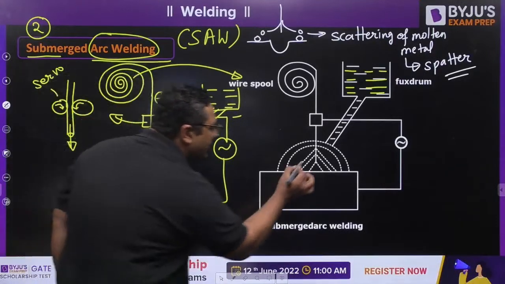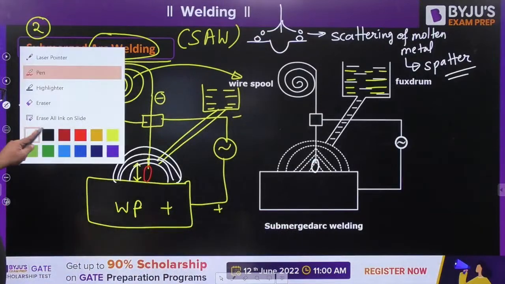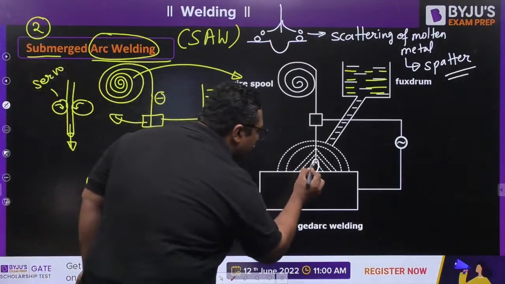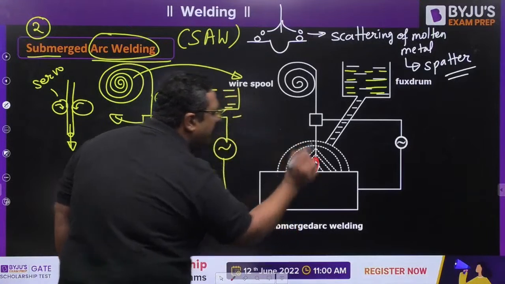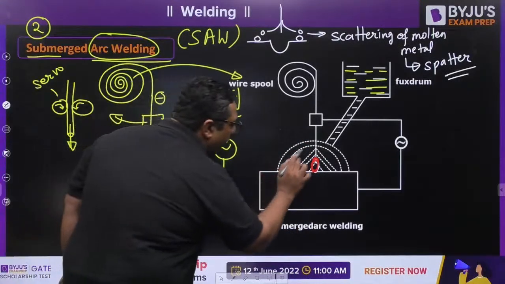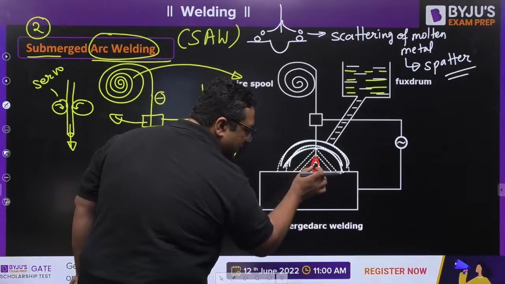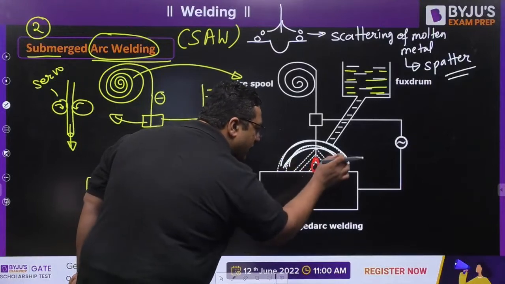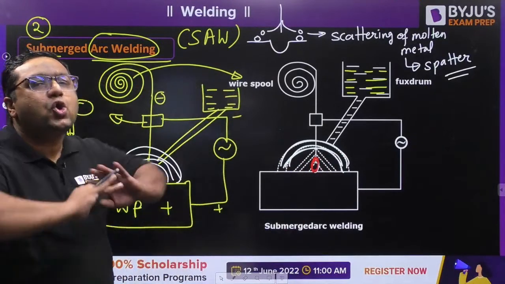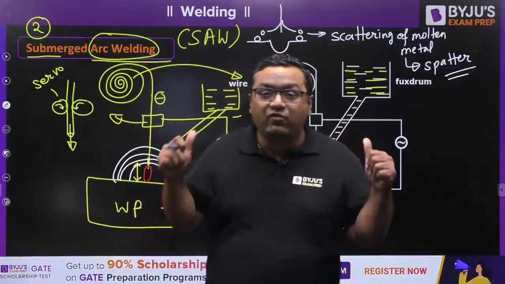You can see the spark will be produced, but that spark is going to be inside the pool of flux so that this spark shall not be diverted. That is why surrounding it we are going to have the pool of flux, which will not allow this to divert here or there. So there are no chances of this defect, spatter, in this welding.